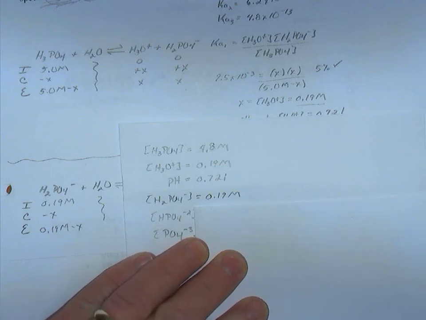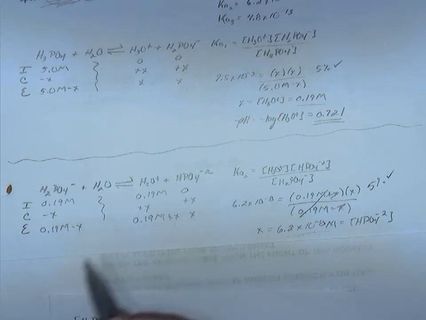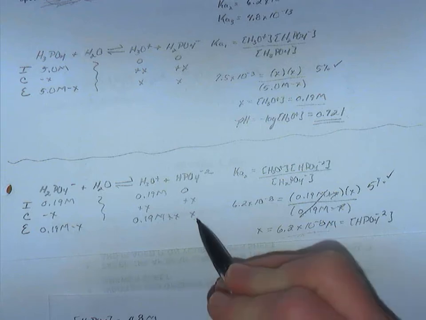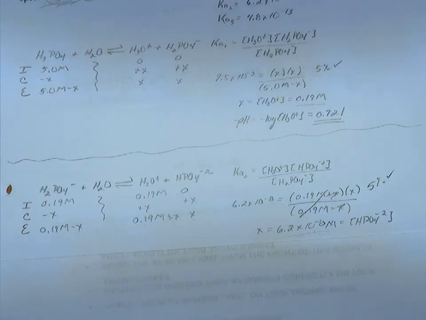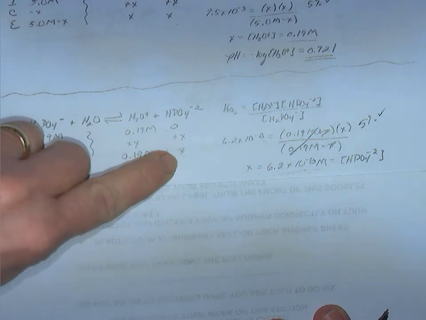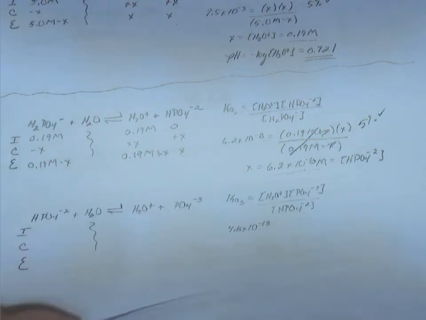So let's see if the creation of this contributes very much to changing our concentration of the HPO4 minus 2. To continue to find what this final concentration will be, we do the ice table here.